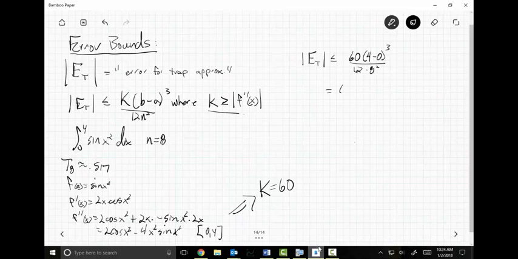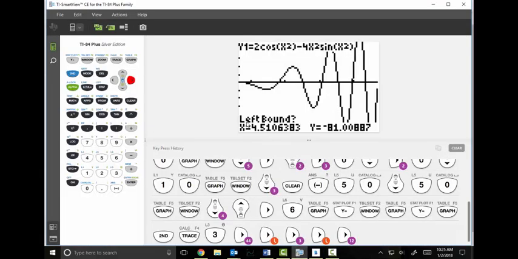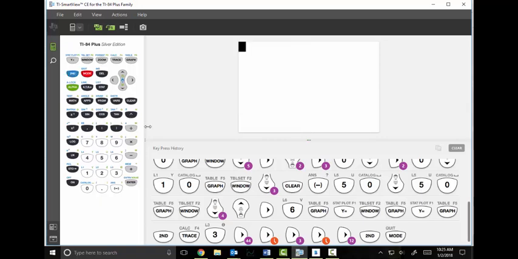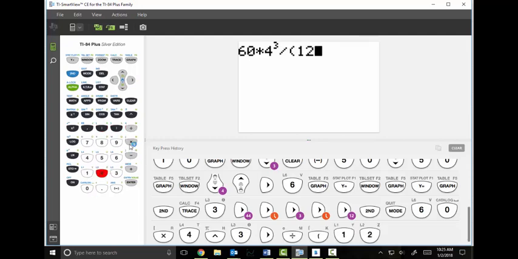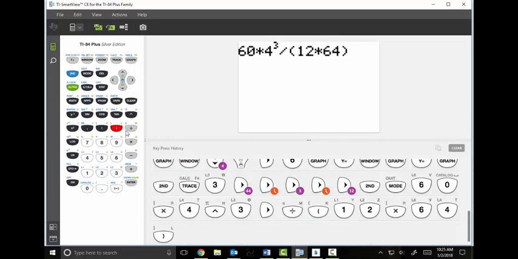So this is going to be 60 times 4 cubed over 12 times 64, which equals, let's go back to our calculator. 60 times 4 cubed, divided by, I have to use parentheses, 12 times 64 in parentheses, and I have to square it. Does that look right to everybody? Enter. Look at that.